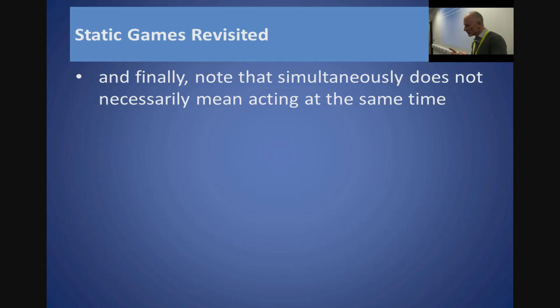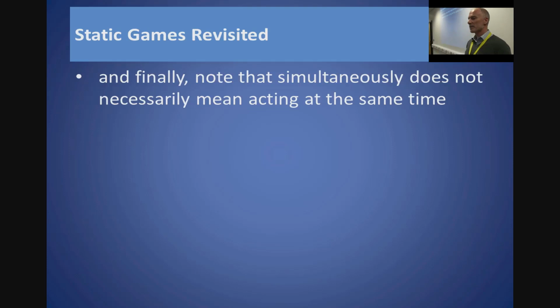So, just before we move on and come back round to some more games, I want to tease out a point that maybe wasn't as evident right at the beginning. We've talked about static games, and I said static games are simultaneous move games, where players choose their actions or make their choices at the same time.